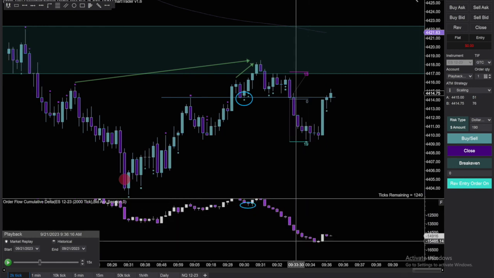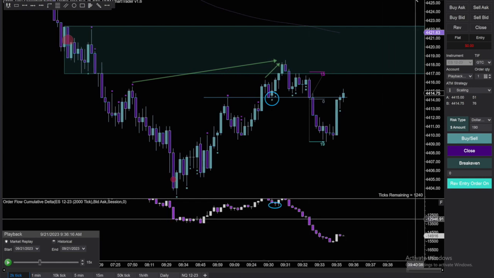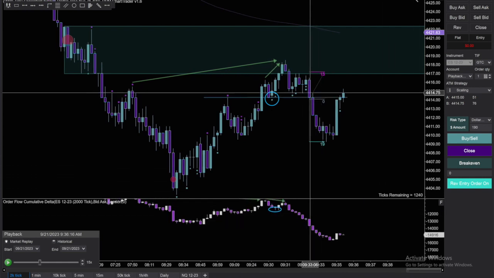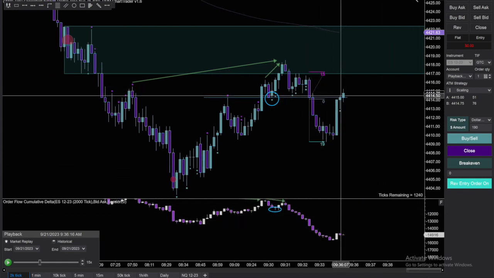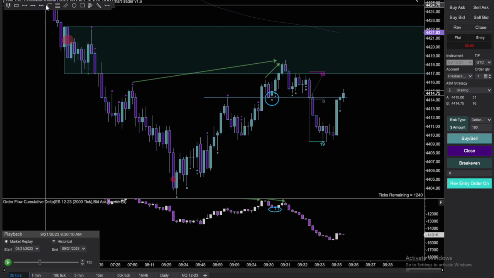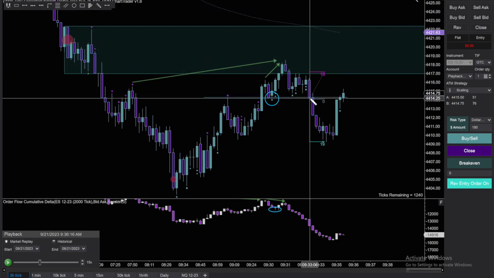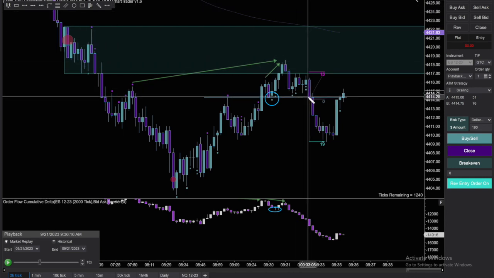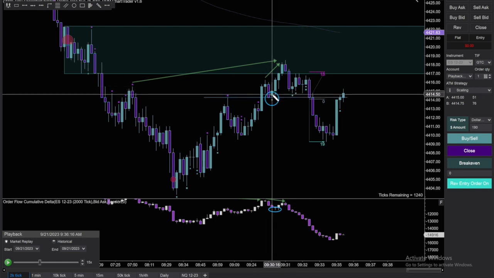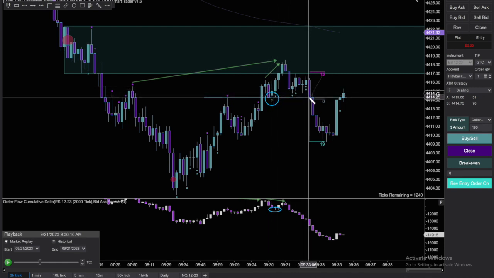Okay, this is a different setup than what I wanted to make the video about, but because it happens right here, I'm going to show it. As we come back up and retest this support and resistance level, what do we see? Okay, look at, again, the delta. Even right here as we were bouncing off this level, even right here as we broke it, okay, let's take this one.